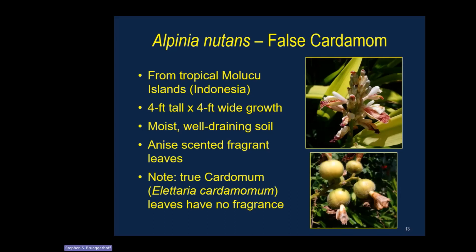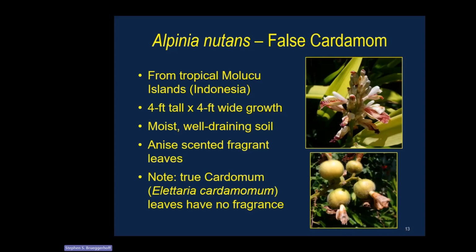They kind of maintain their stature about 4 foot tall and wide. They can exist in moist soil, but I do recommend, of course, well draining soil. So however you attain that, that's up to you. They've got a wonderful fragrance to them, especially if you walk by it and brush up against it. The difference between the two, of course, are the fruiting structure, which is what you're looking at here.